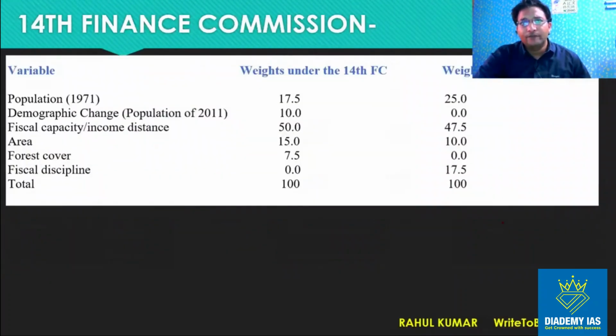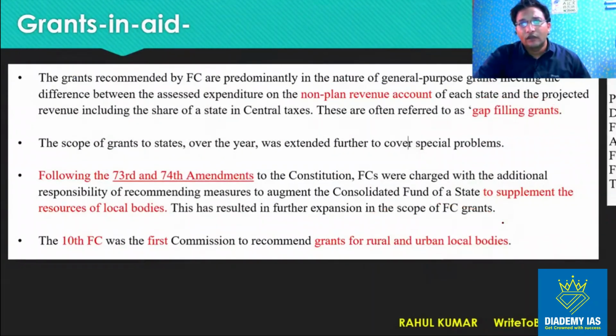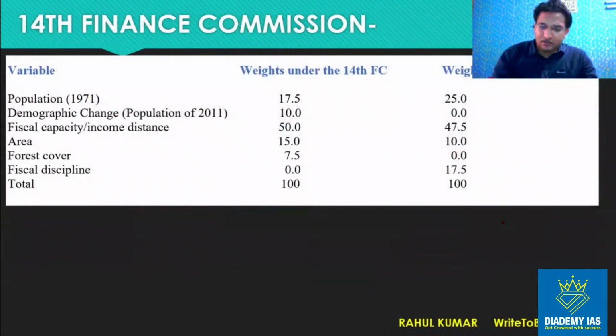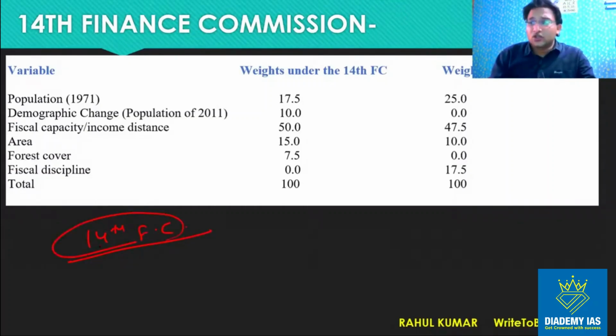Okay. Now, the 14th Finance Commission. It has recommended about the distribution of divisible pool between 2015 to 2020, right?